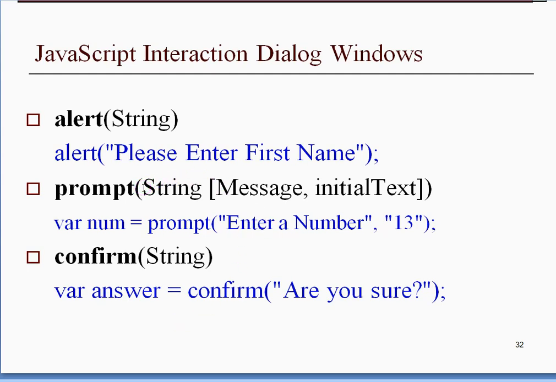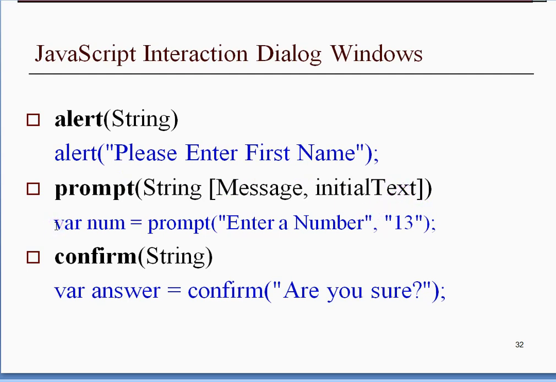So you're going to have a string, which is going to be the message rendered, and then you might have an initial text in the field with which you are requesting input from the user.